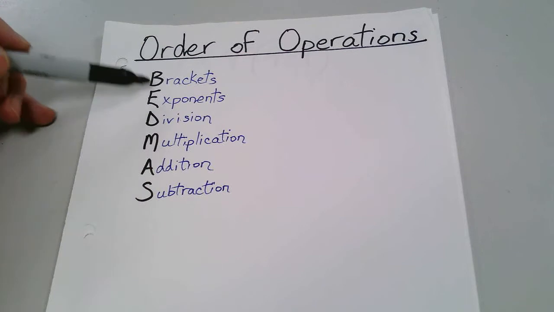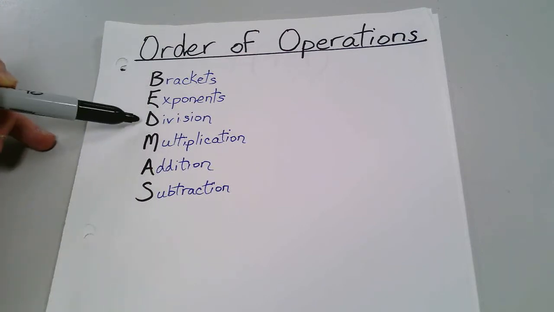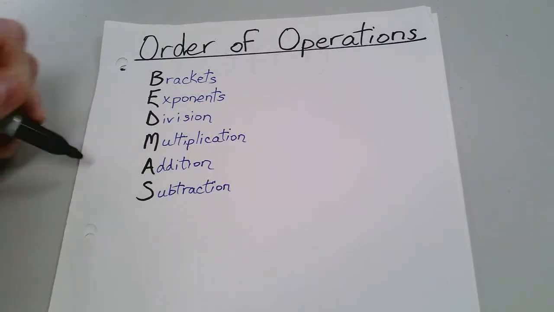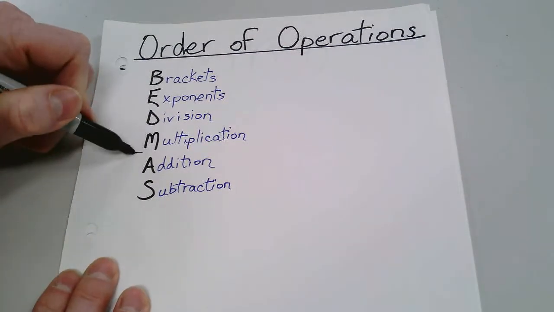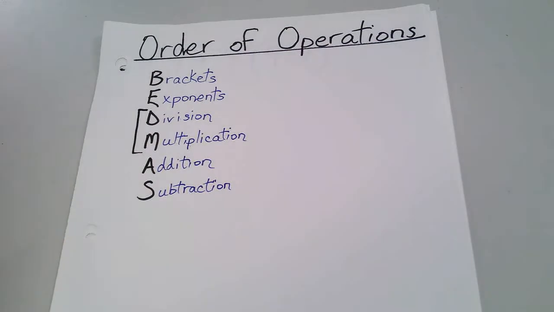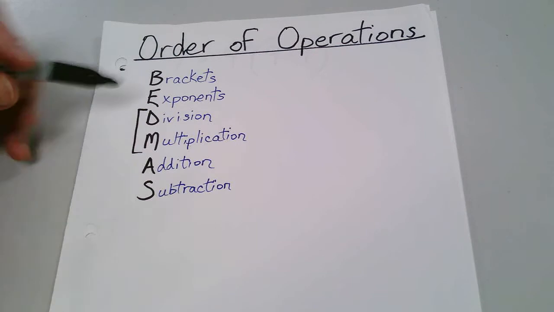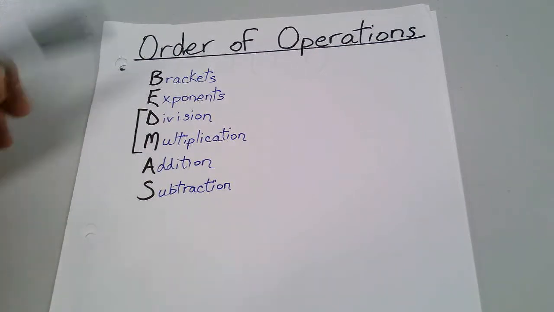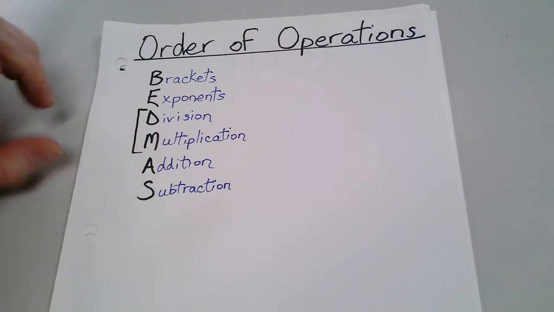So we know B is brackets, E exponents, D division, M multiplication, A addition, S subtraction. And these two right here kind of go together. They're on the same level. So even though the D comes first for division, it's really whichever comes first when you're going from left to right.